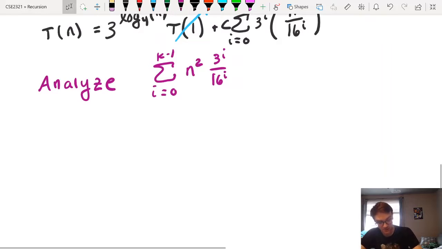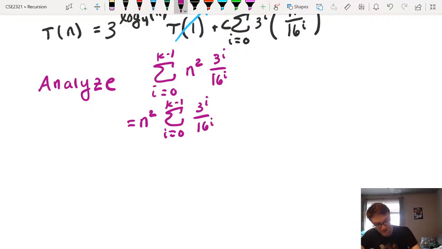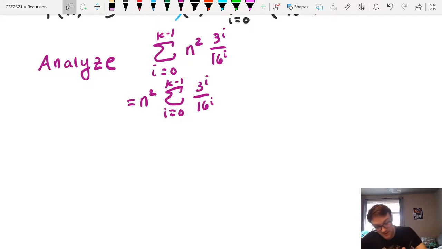So, to do that, maybe we start by pulling the n squared out of the summation and write it as 3 to the i over 16 to the i. And now, if we remember, these summations are typically easiest to analyze by bounding. So we're going to bound above.